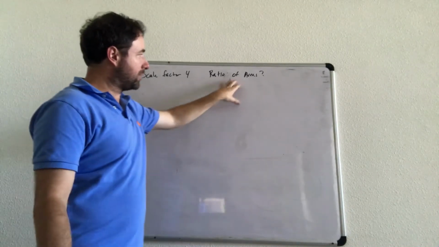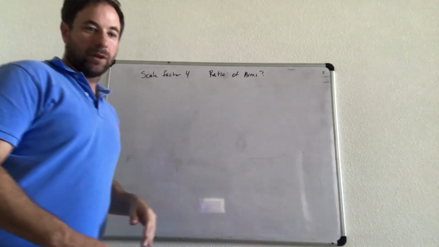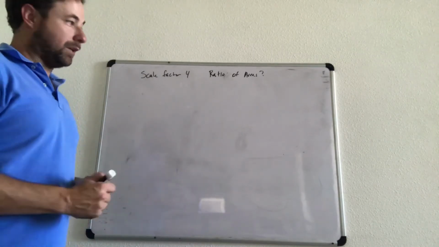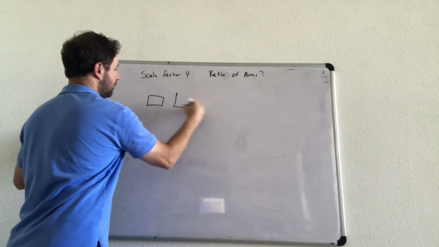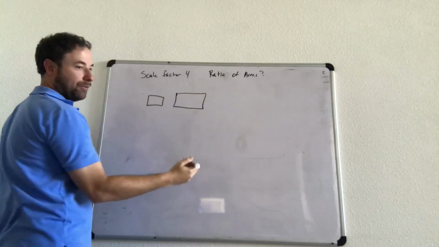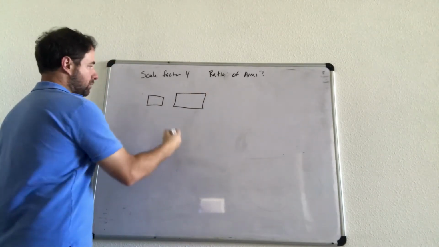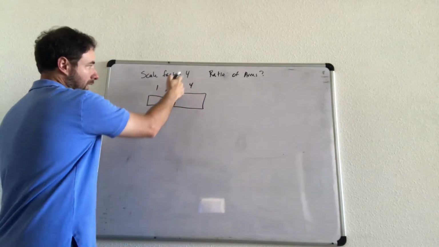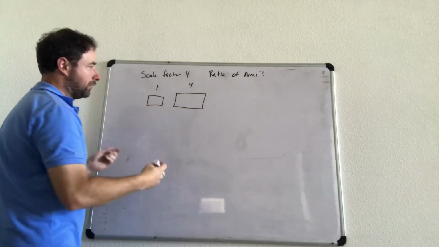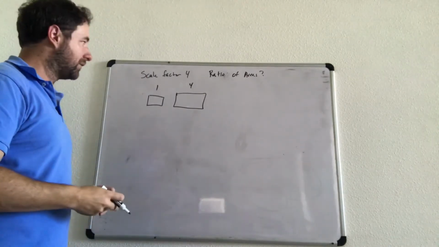And it says, what is the ratio of their areas? Well, they didn't give us anything other than that, but if you draw a mental picture, you have 2 triangles, and their scale factor is 4. Which means that one of them is smaller, one of them is larger. So it's 4 to 1. Even though it doesn't say it, it's implied that it's 4 to 1 or 4 over 1. That's their scale factor.